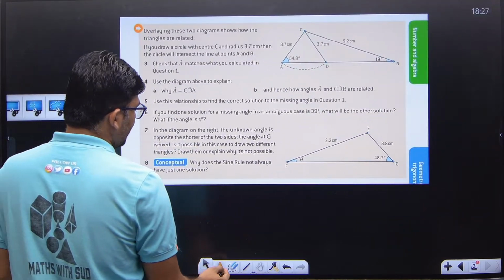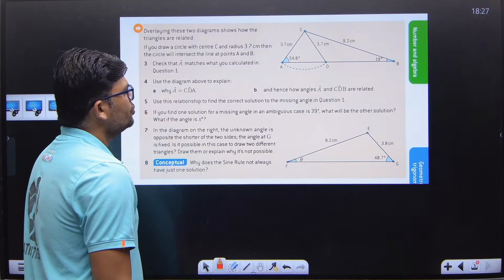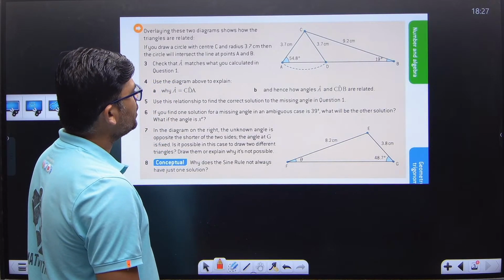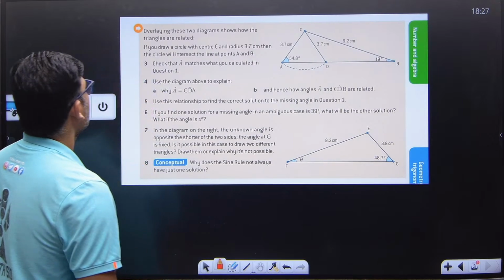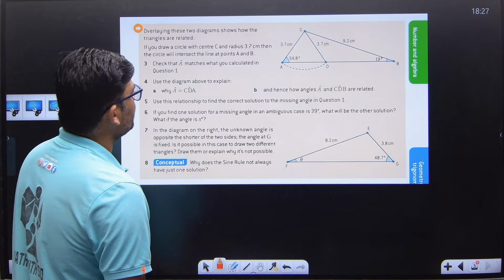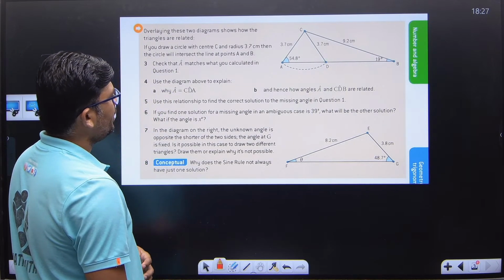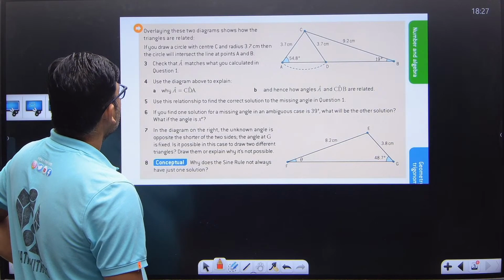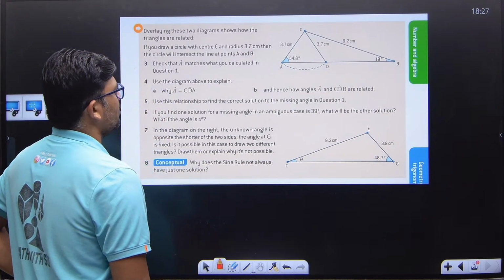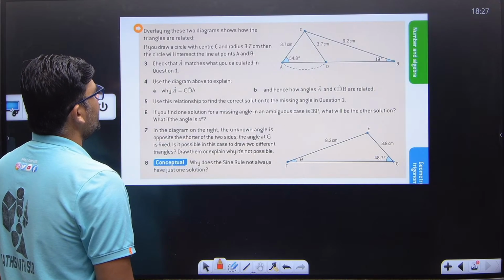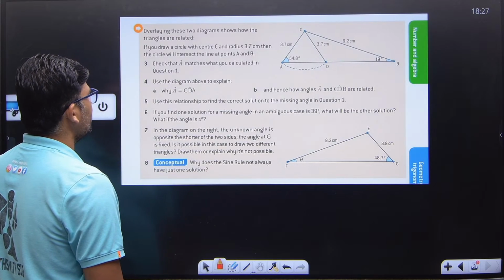Overlaying these two diagrams shows how the triangles are related. If you draw a circle with center C and radius 3.7, then the circle will intersect the line at the points A and B. Check that angle A matches what you have calculated in question 1.